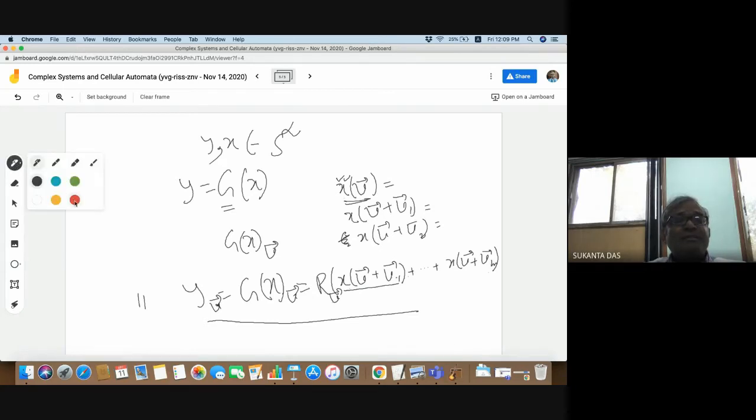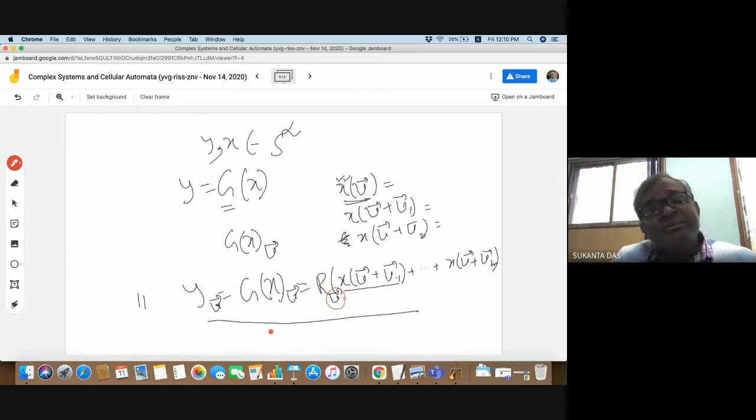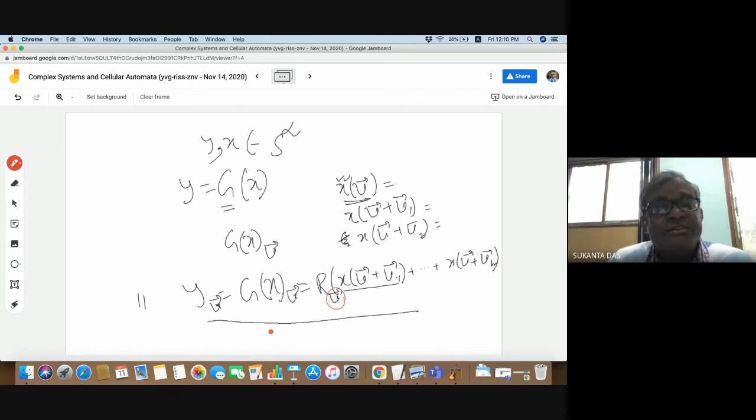Note that if it is uniform CA, then please recall that in that case we have not used this one. Why? Because all the cells use the same rule. Rest part is same. This is the only difference. That is not used. Now, since all the cells use the same rule, when a configuration is given, I can get the next configuration.